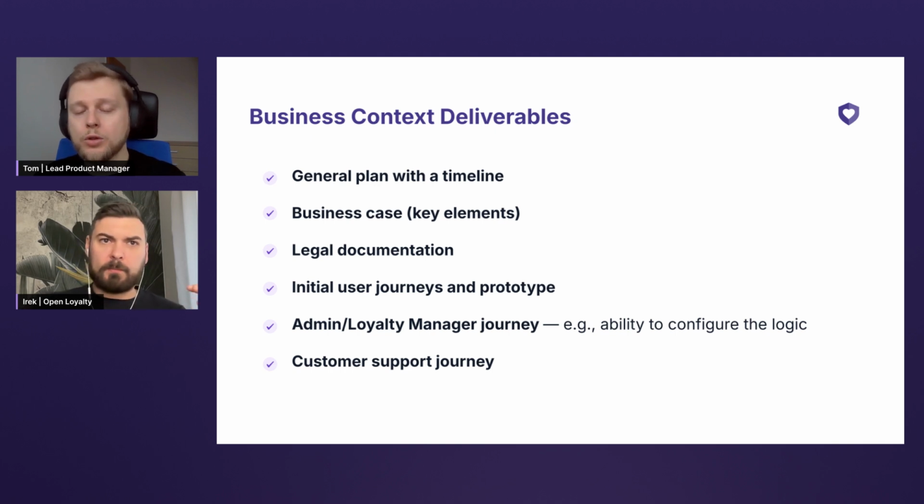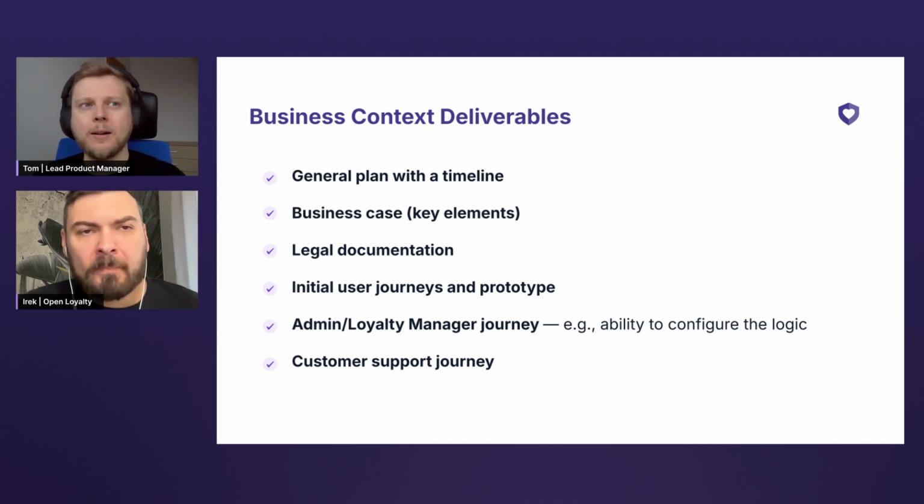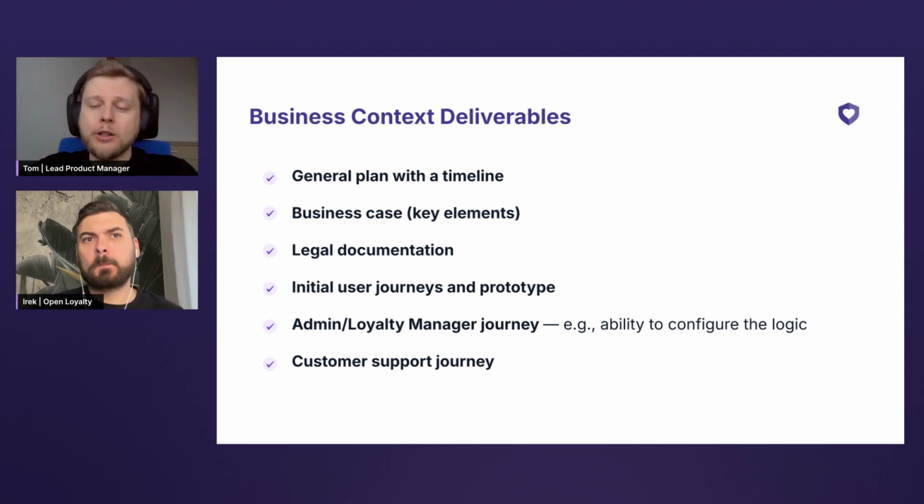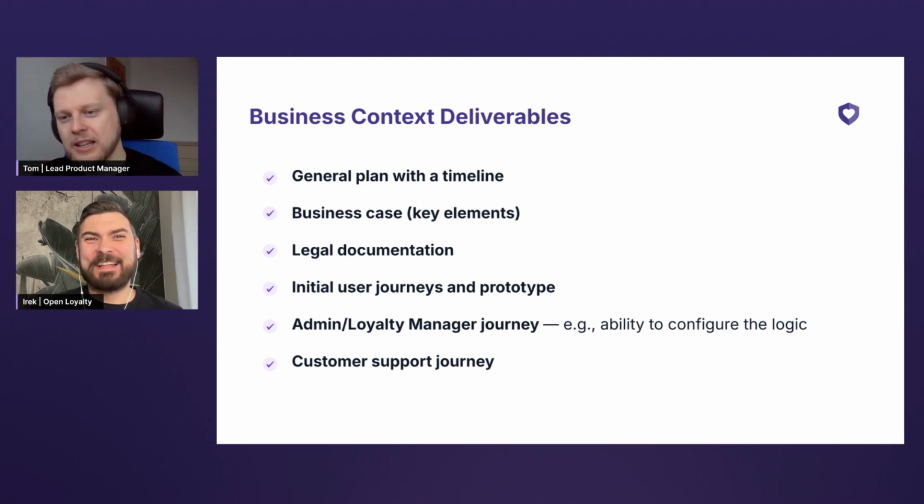Yeah, sure. Basically you can approach it in different ways. You can start with an MVP, or you can create a huge journey, like the end goal vision for your loyalty program, and then trim it down to the MVP, to the crucial elements. I like to go big.